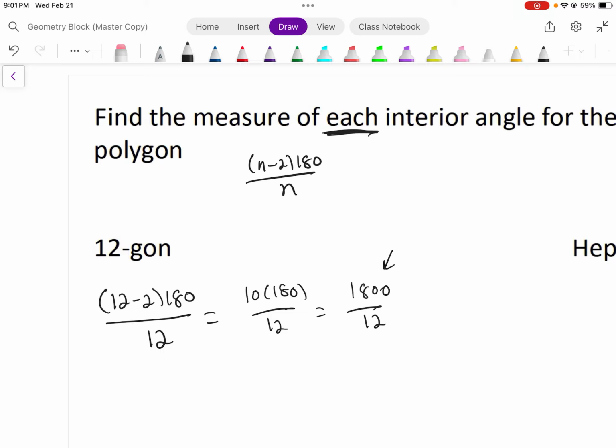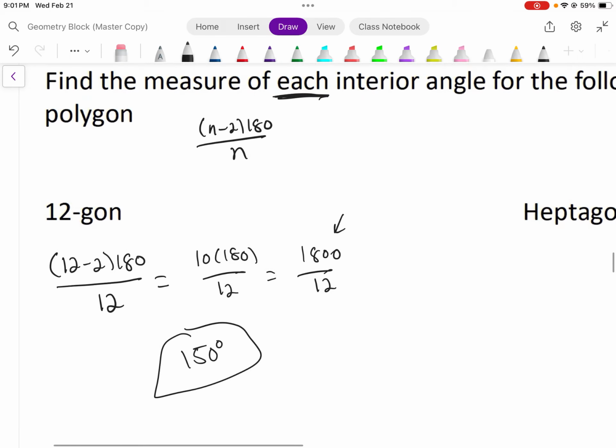Now, 1800 is the interior sum, so all those angles need to add up to 1800. If there's 12 sides, there are going to be 12 angles within that polygon, and if they're all congruent, that is why we divide by 12. So in this situation, that's going to give us 150 degrees for each of them.